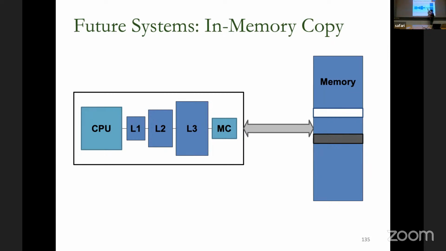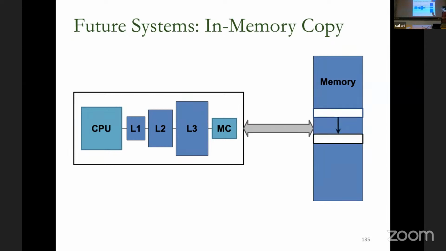You have to bring them all, cache line by cache line, to here. And if you want to write here, you will also have to bring these cache lines from here to here and then perform the copy here, right? And then move the data back to memory. So that's a lot of waste in time and a lot of waste in energy, right?